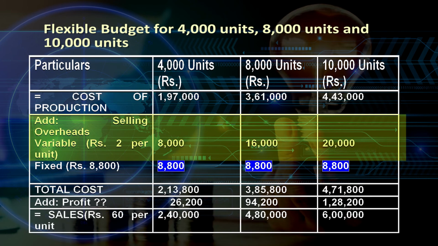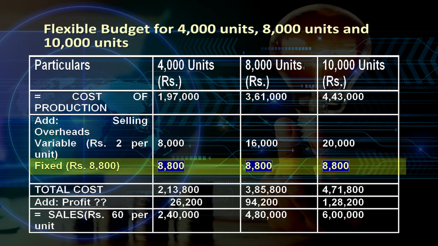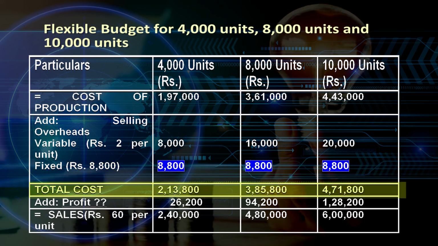Now we add the selling overheads as calculated in working note number 3. The variable selling overheads at rupees 2 per unit calculate to rupees 8,000, rupees 16,000 and rupees 20,000 respectively. The fixed selling overheads will be rupees 8,800 at all the 3 different levels of sales and production.